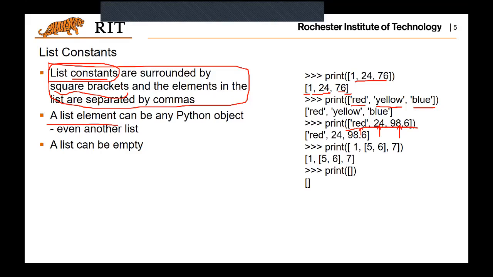All right. Also, you could even put another list into a list, right? It sounds a little confusing, but let's look at this case. So the first value is an integer 1, right? And a comma. And then you have another list with 5, 6, 2 as values in that list.